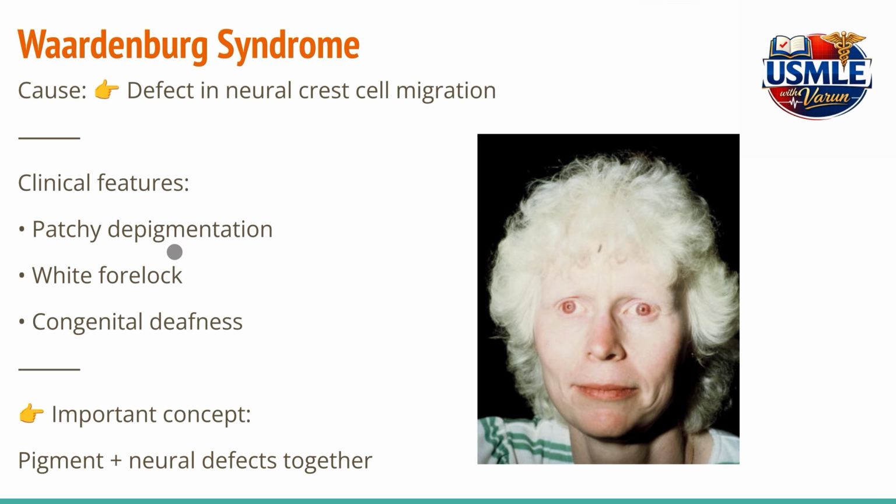One of those disorders where melanocytes are directly involved is Waardenburg syndrome. It's clinically characterized by patchy depigmentation, white forelock, and congenital deafness. Whenever there's a pigment disorder associated with neural tube, neural crest, or neural system defects, we need to think about the possibility of melanocytes being the origin of that disorder.